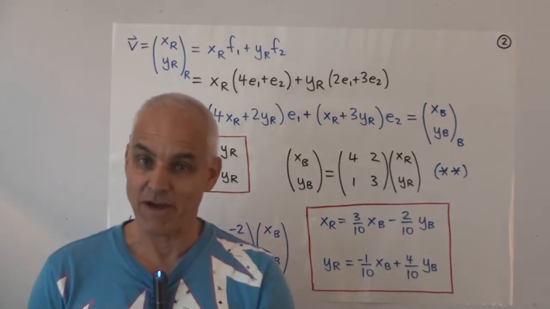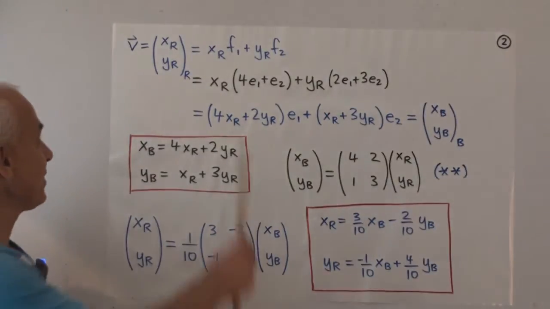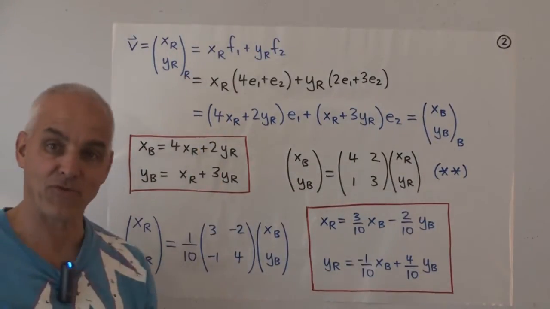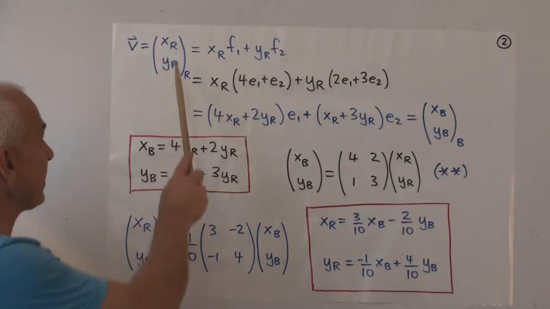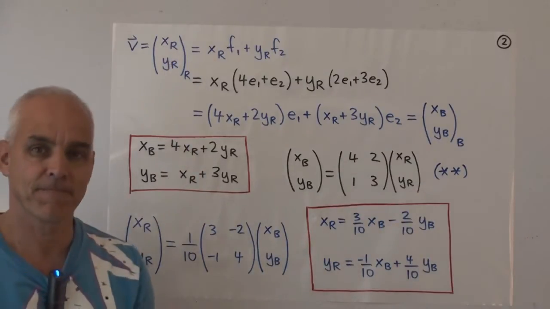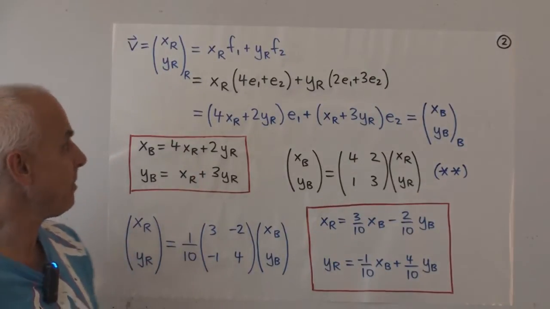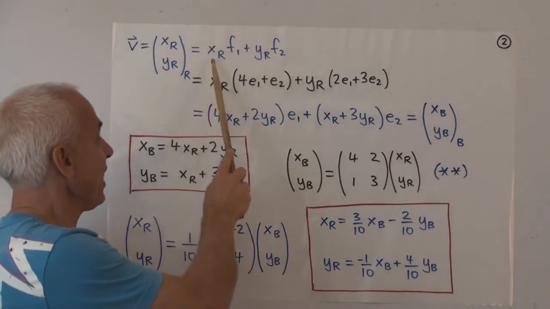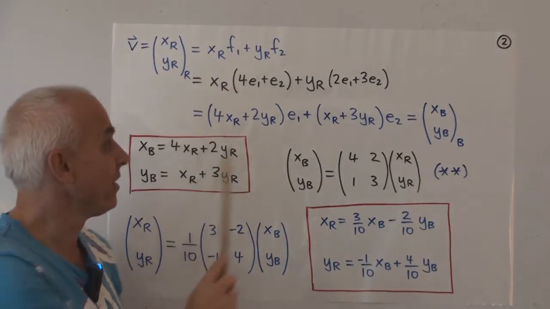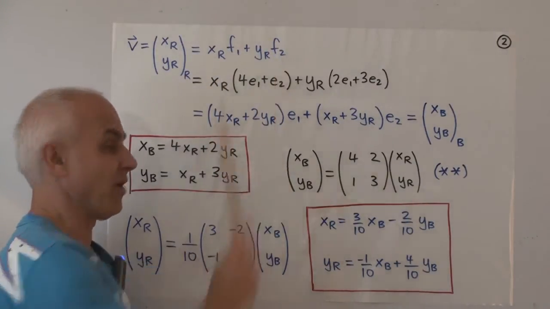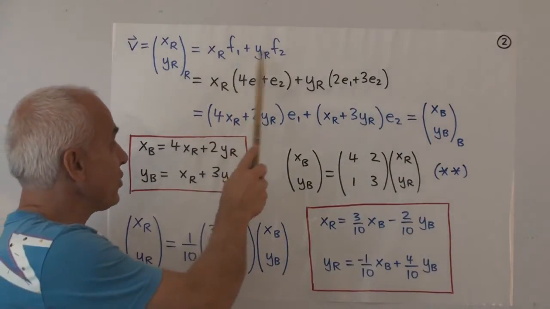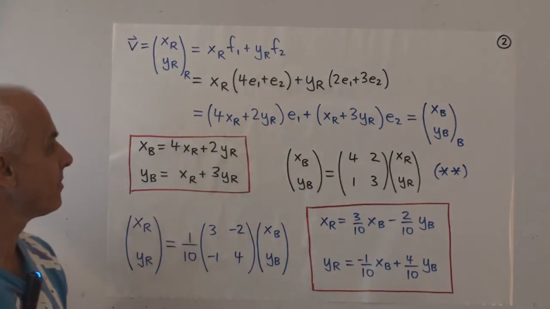So suppose we have a vector v, and its coordinates with respect to Rachel's system are x sub r and y sub r. What does that mean? It means that the vector is x sub r times f1 plus y sub r times f2. These are Rachel's two basis vectors.